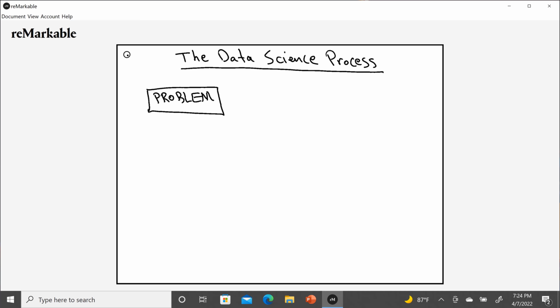And so once you have a problem, the next question becomes, what data do I have that would be relevant to this problem? So my next box is going to be data. And you've already seen that problem and data are interconnected. The problem you're trying to solve through data science is going to need some data, and your data dictates what kinds of problems you can solve.